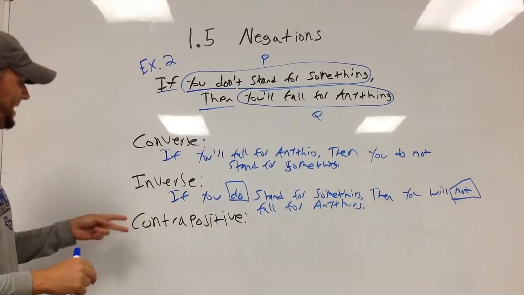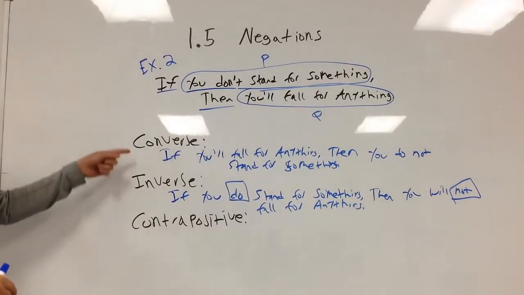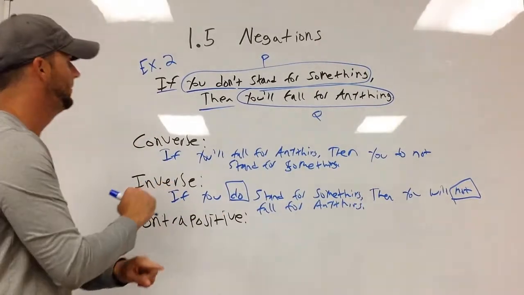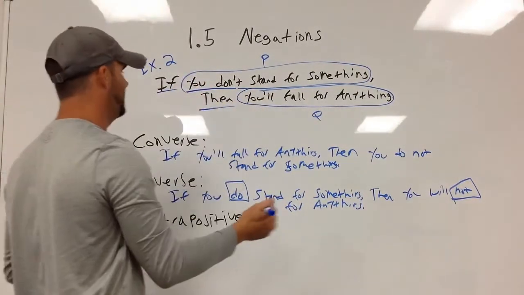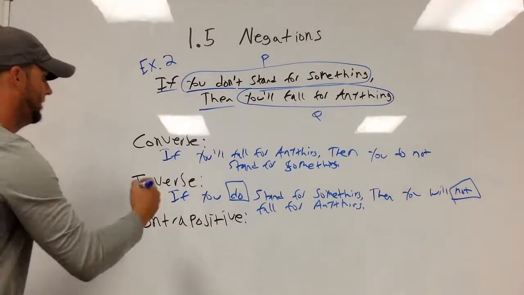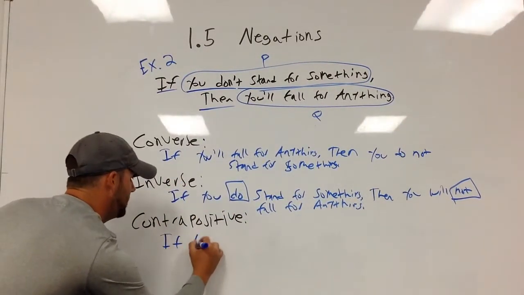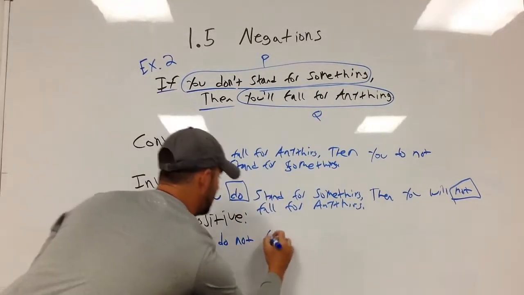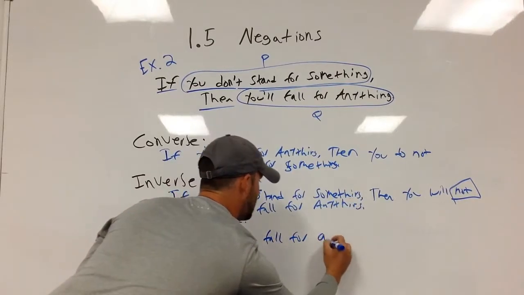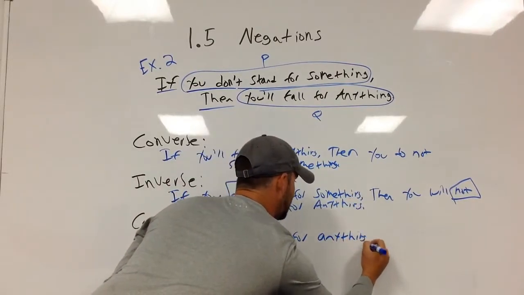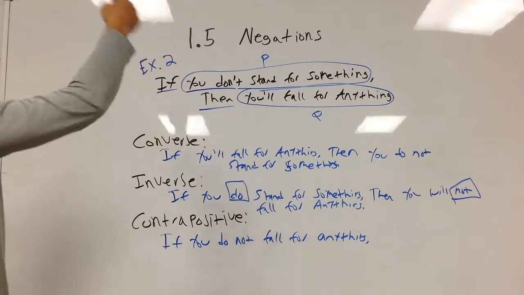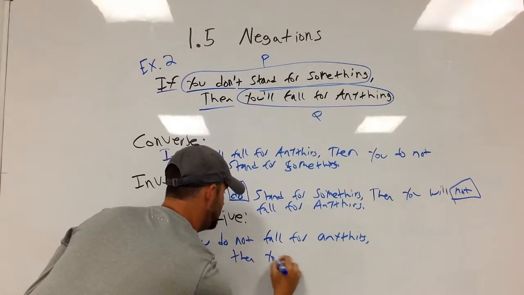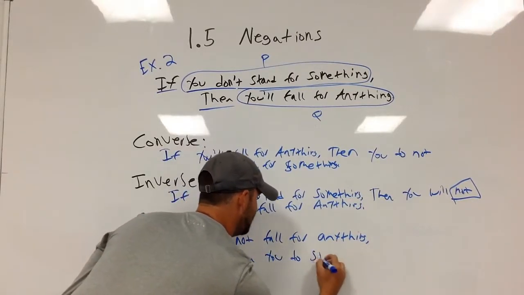Now remember, lastly, the contrapositive is a combination of converse and inverse. So I'm going to negate them and switch them. I'm going to take P and Q, switch them and negate them. This should be your contrapositive. You should say: if you do not fall for anything, then you do stand for something.